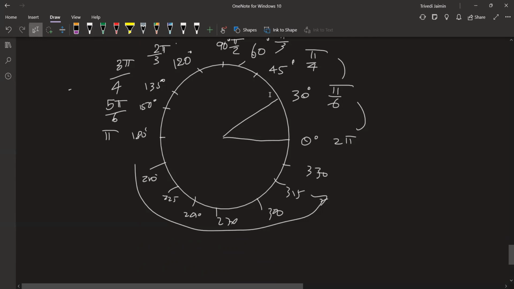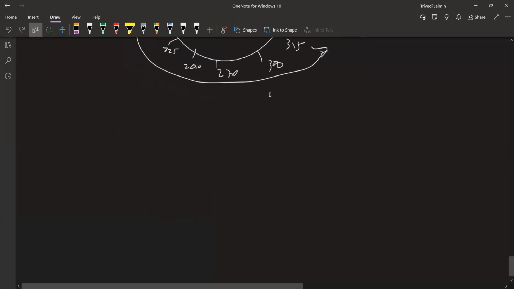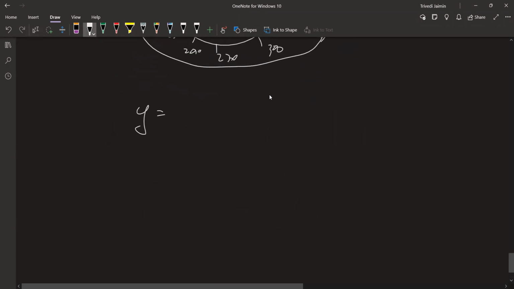Okay, one question again. How do sine function and cosine function start? From where do they start? Sir, you are talking about the ASTC rule. Yeah. So all the functions will be positive in the first quadrant.